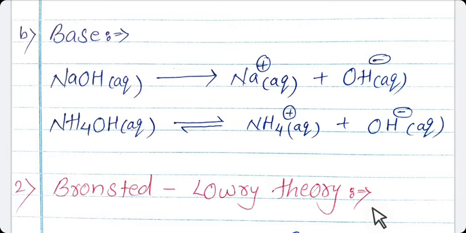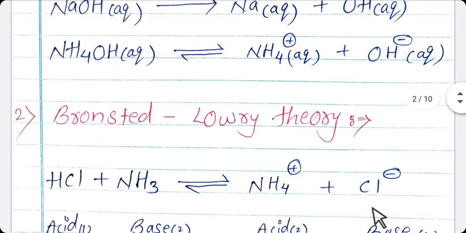The next theory is Bronsted-Lowry theory. According to this theory, an acid is a substance that donates a proton. Proton means H plus.